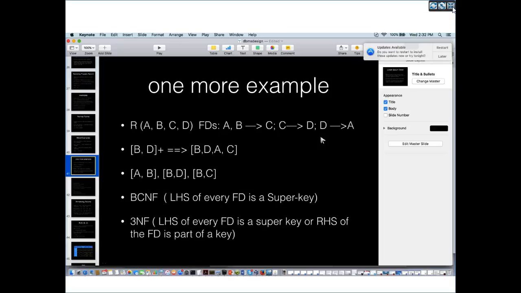Right? Then E is also determining A. But look at the keys for this relationship. AB is the key, BD is the key, and BC is the key. So these are all part of the key now. A, B, C, D are part of the key. They are all prime attributes.